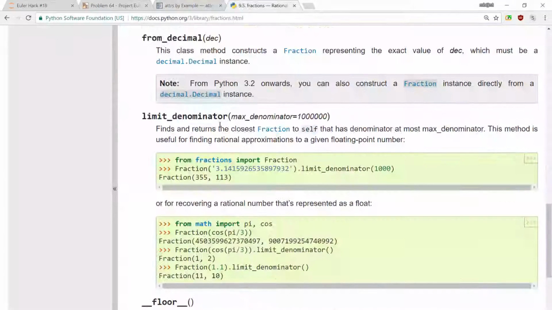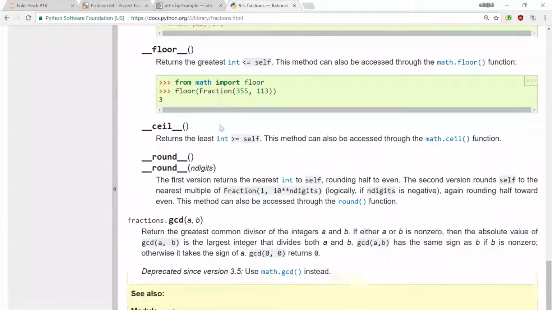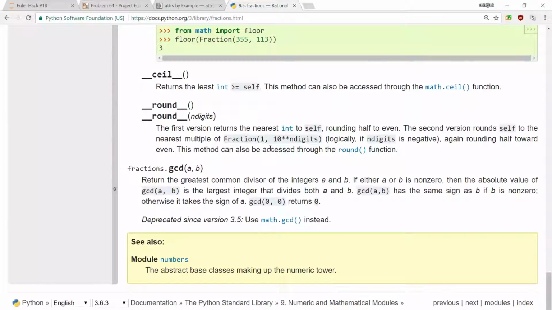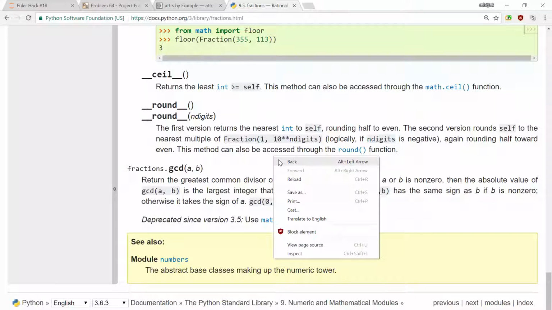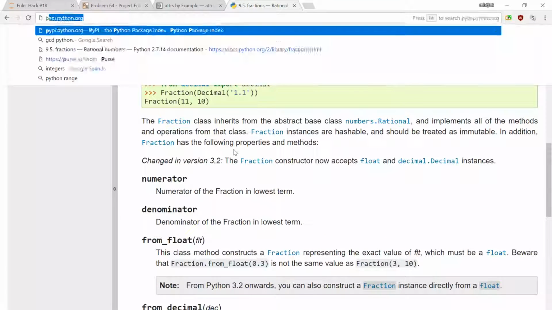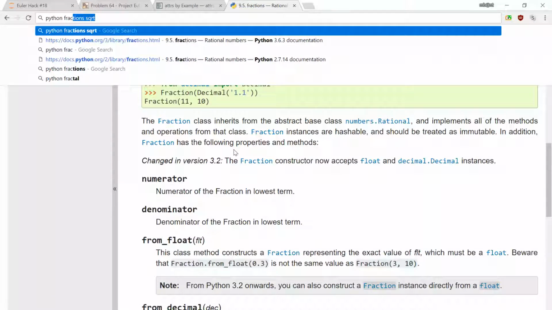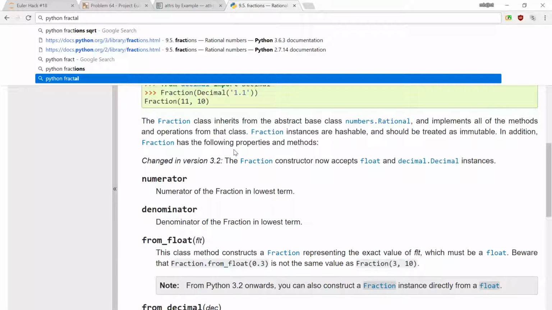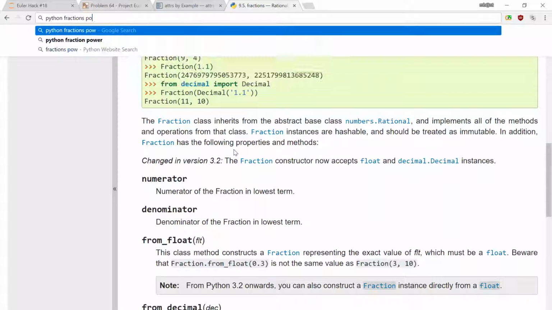But maybe it shouldn't always produce a float. Maybe that's how half is defined. That's why I'm trying to see if there's a Python fractions power, I guess.